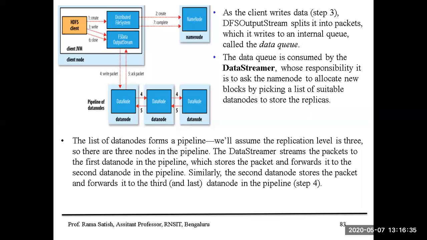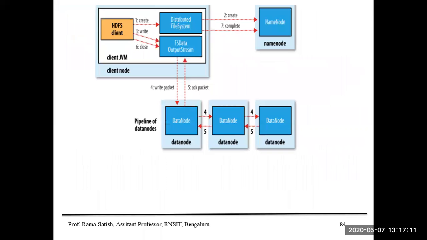For every block of data, the data streamer gets 3 data node IP addresses, because the replication factor is 3. So it connects to the name node and gets the 3 IP addresses of data nodes, and the block is stored in 3 different systems.